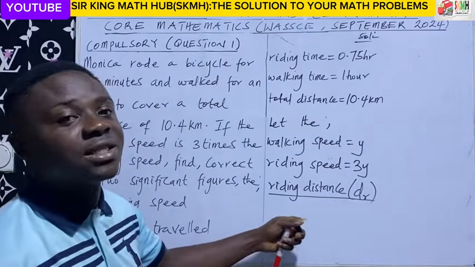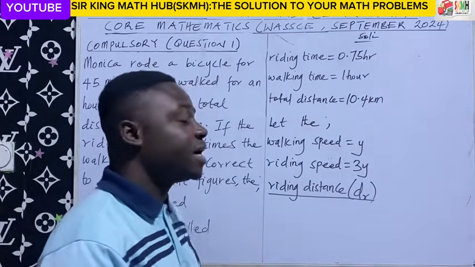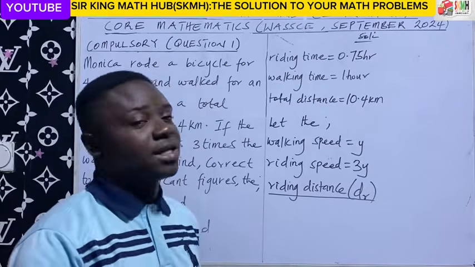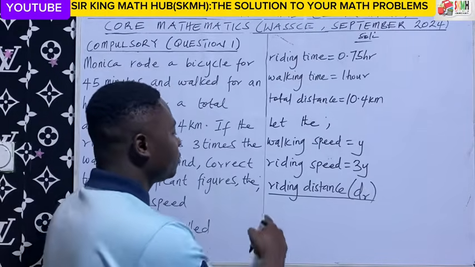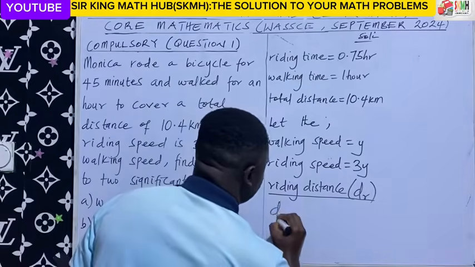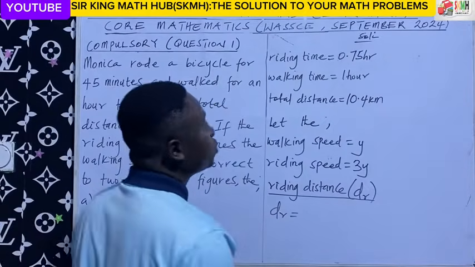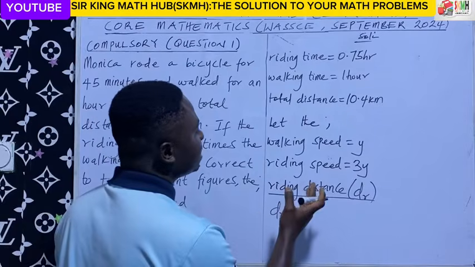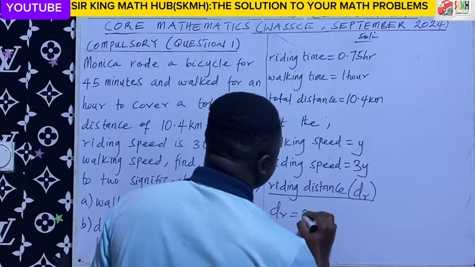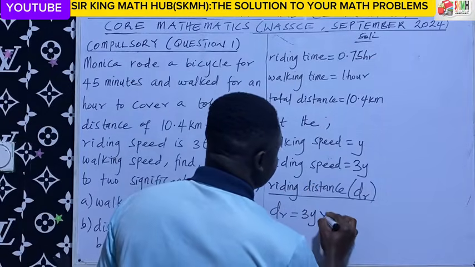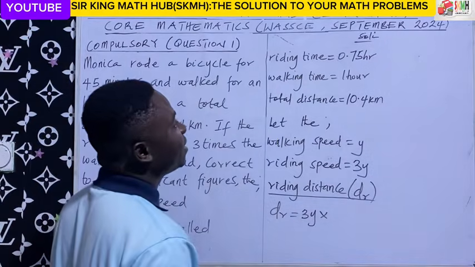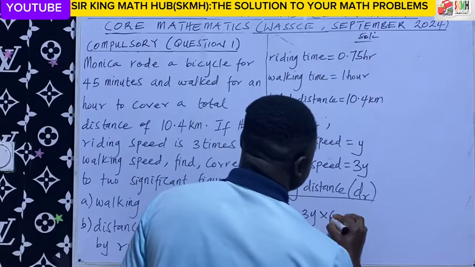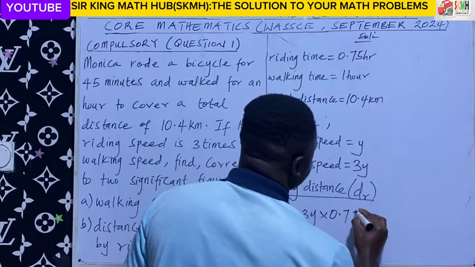Her riding distance will be equal to her riding speed times her riding time. Her riding speed is 3y, and her riding time is 0.75.